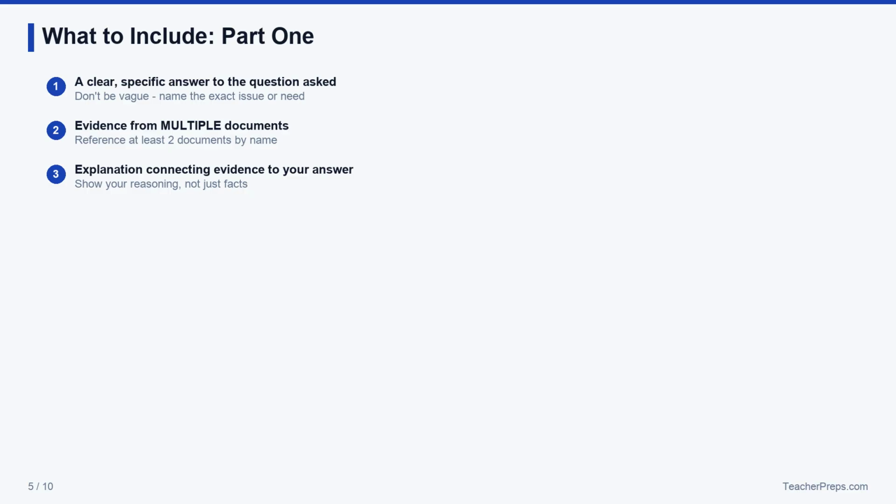Mention them by name, such as "as shown in Document 1" or "the exit ticket data reveals." Third, explain how the evidence supports your answer. Don't just list facts. Show your reasoning by connecting the dots between what you observed in the documents and the conclusion you're drawing. This combination of claim, evidence, and reasoning demonstrates the professional knowledge scorers are looking for.